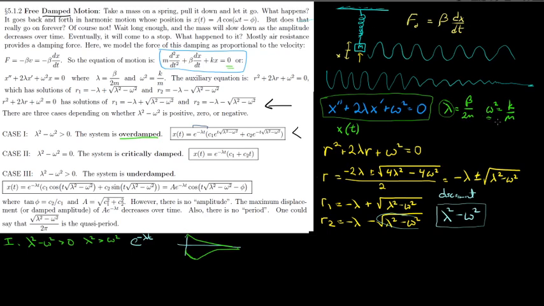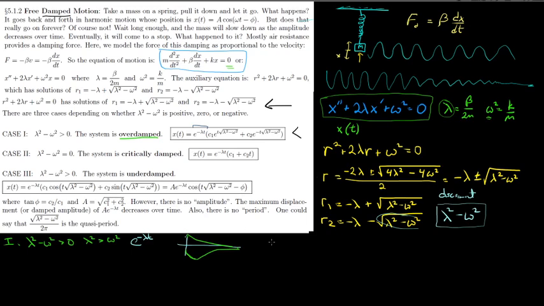If lambda is much bigger than omega, which is what we have in the overdamped case, then we expect the spring not to do much at all, just to snap back, and the mass will get back to equilibrium fairly quickly. So that's the first case.